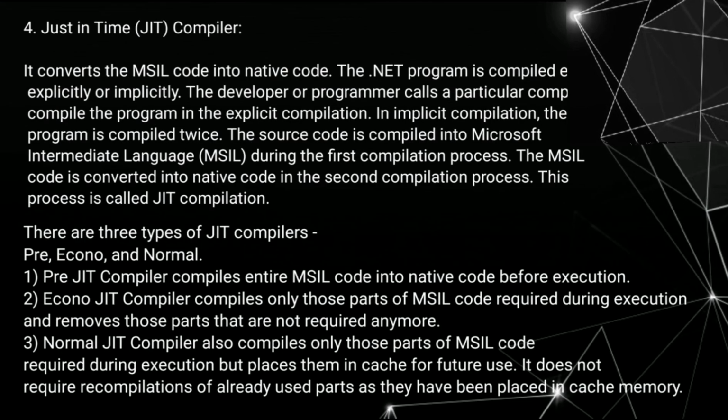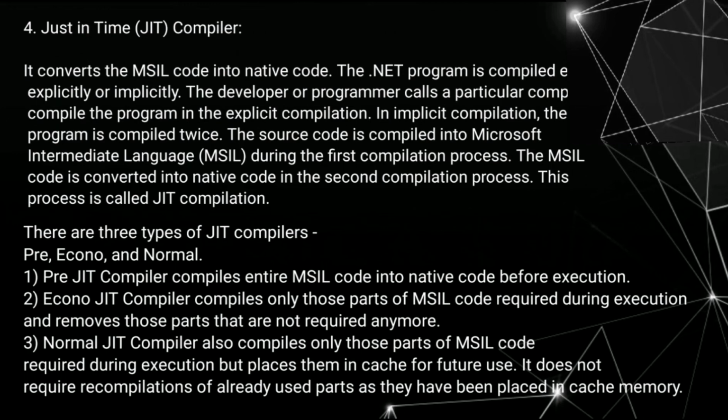Now, fourth one is just-in-time compiler, JIT. JIT converts the MSIL code into native code, as we have discussed in the starting of the video. The .NET program is compiled either explicitly or implicitly. The developer or programmer calls a particular compiler to compile the program in the explicit compilation.